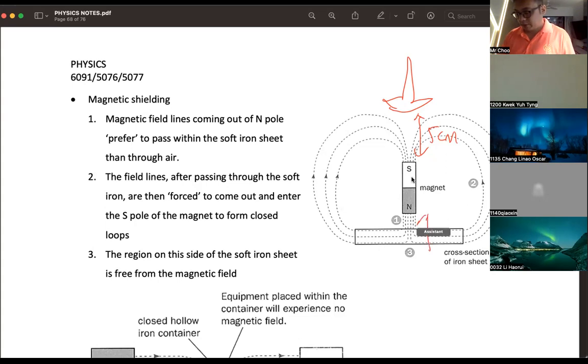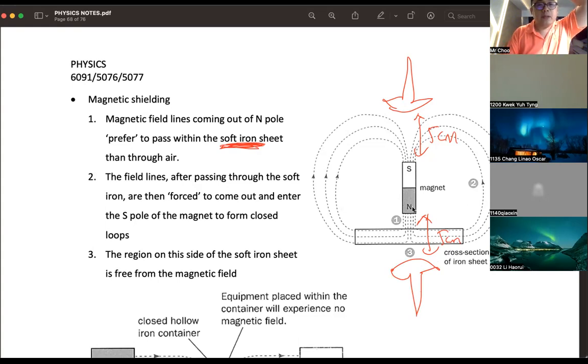But if I put the same iron nail 5 cm away, but in between I put a soft iron, this soft iron will act like a shield. So this iron nail will not be attracted to the magnet.